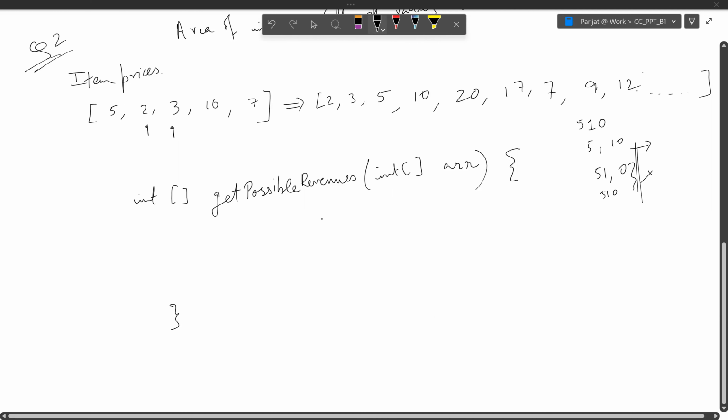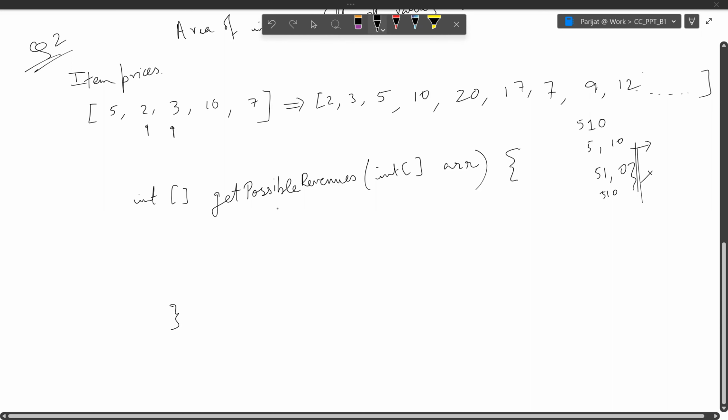Yeah, so you can either take each element or you can reject each element, right? So the moment you have n elements, the best case will be, okay, you don't pair with other elements technically.